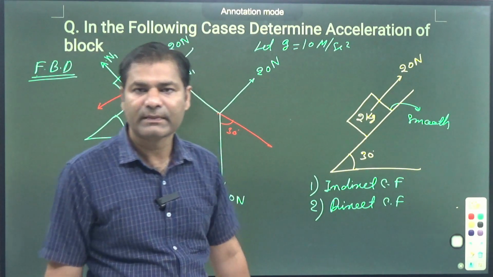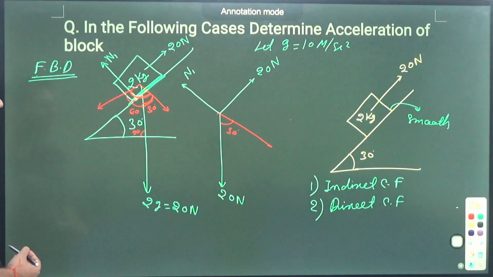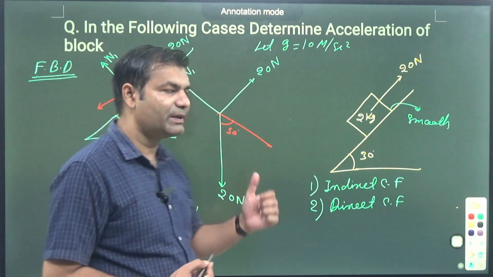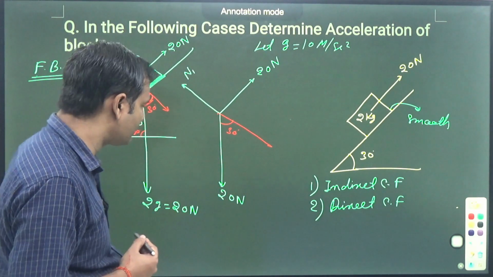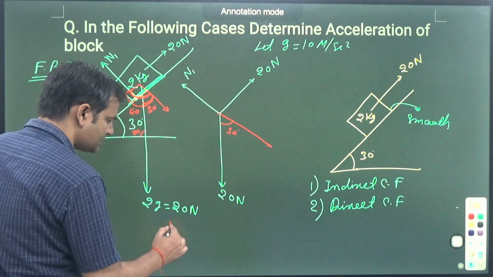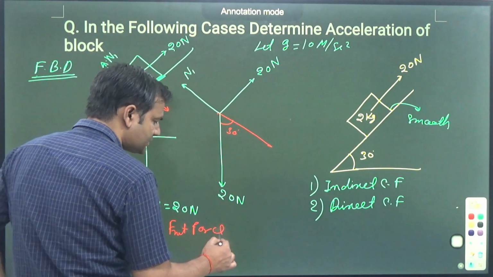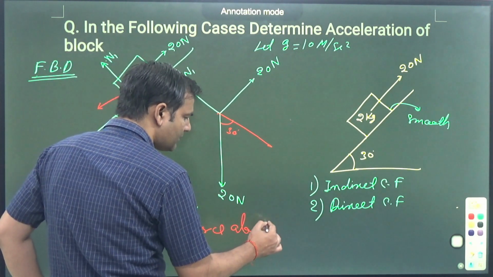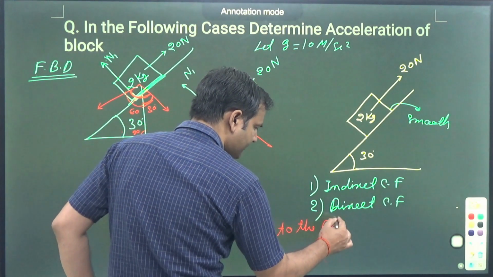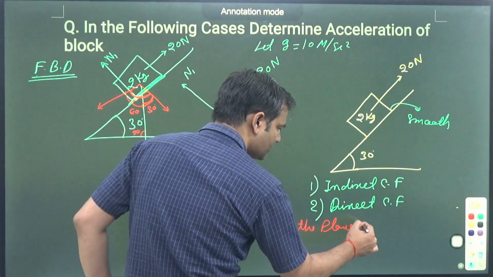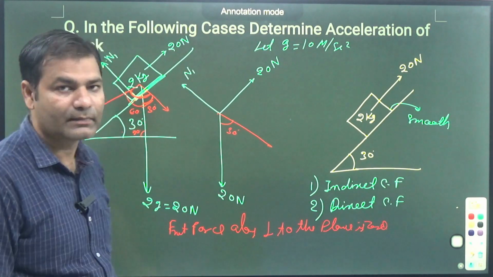So, you can say that the net force perpendicular to the plane is 0. Clear or not?